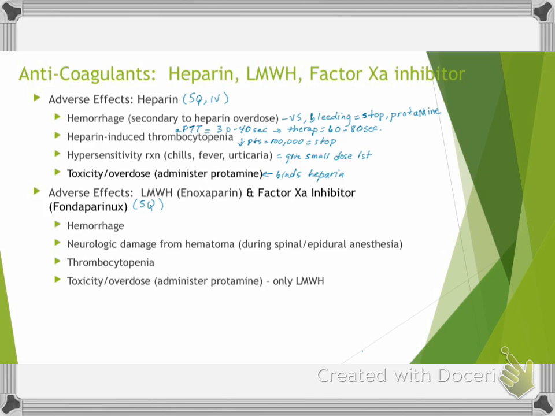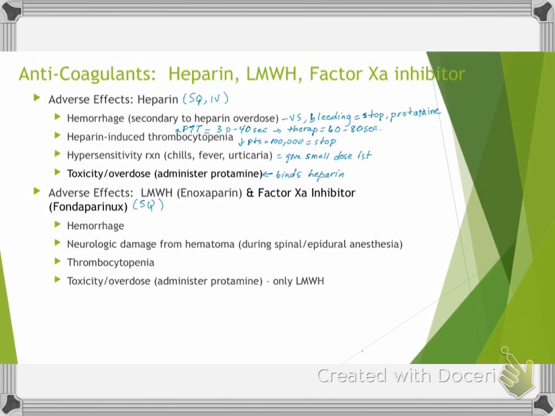So you want to make sure you're assessing the insertion site in the epidural. And you want to monitor for sensation or movement of the lower extremities. You want to make sure they're moving like they were. And you want to notify the provider of any findings if you see any.